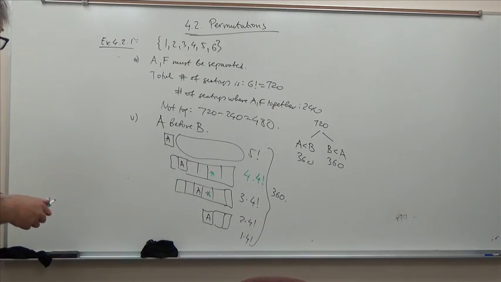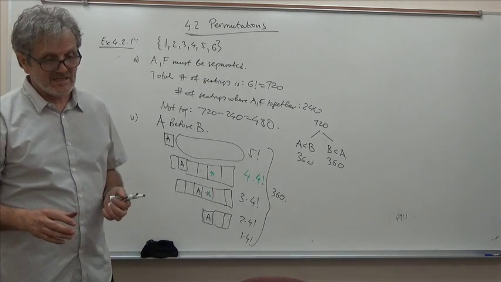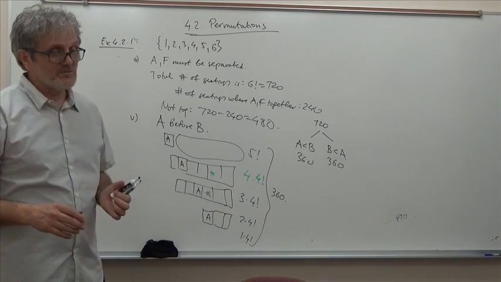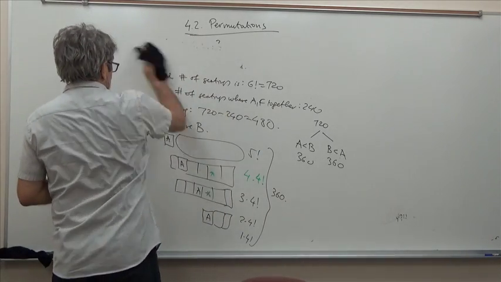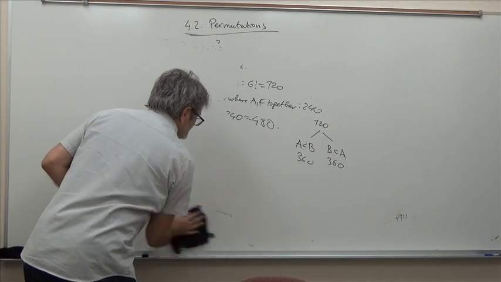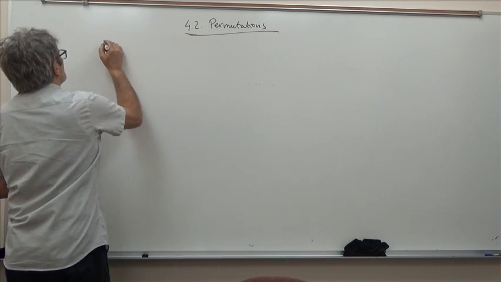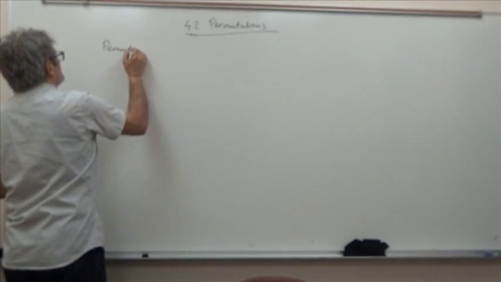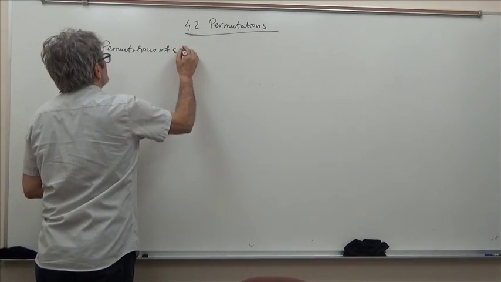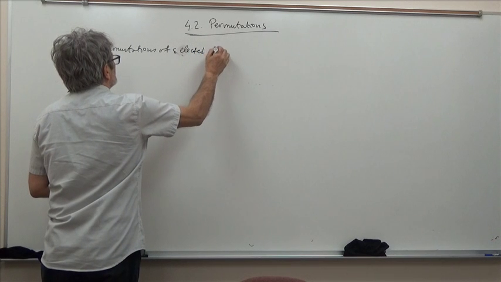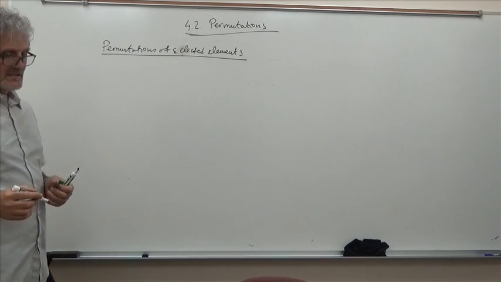There is a certain type of permutation. In this part, we talked about permutation where everybody is in. But sometimes we need permutation where just selected elements are in. So permutations of selected elements. So what is that?